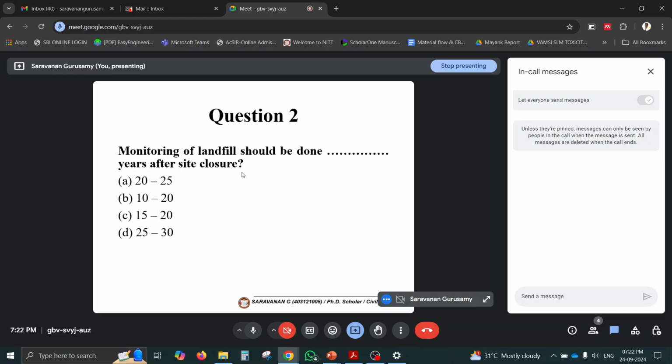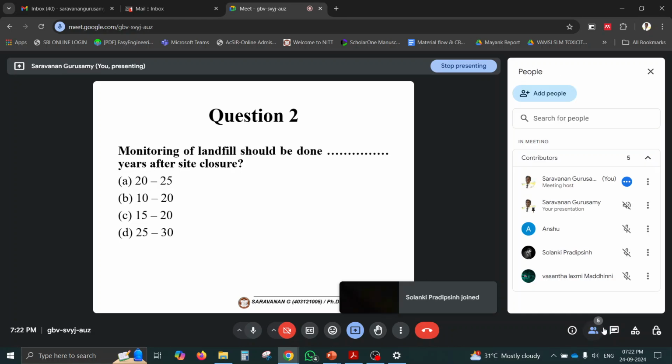They are asking about the post-closure period. The options are 20 to 25 years, 10 to 20 years, 15 to 20 years, 25 to 30 years. That is the monitoring period. So the monitoring period will be 15 to 20 years.